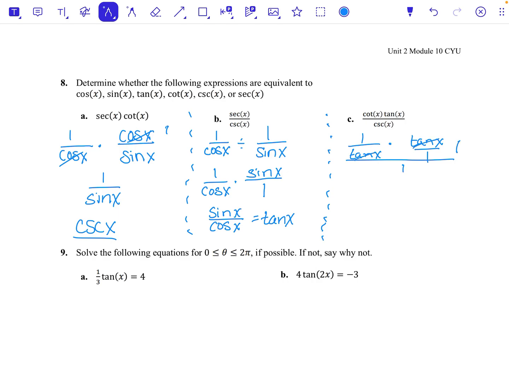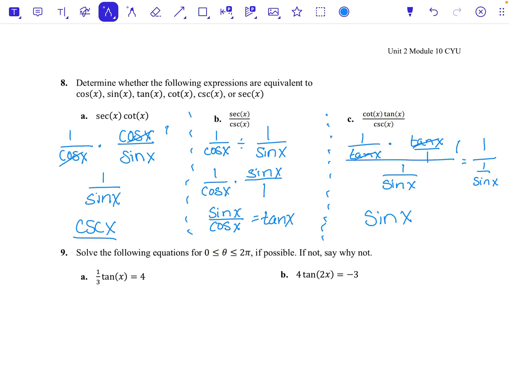And then in the denominator, I've got my cosecant of x, which is the same thing as 1 over sine of x. So I really have here 1 over sine of x. Well, that's basically saying I have the reciprocal of cosecant. Well, the reciprocal of cosecant is sine of x.